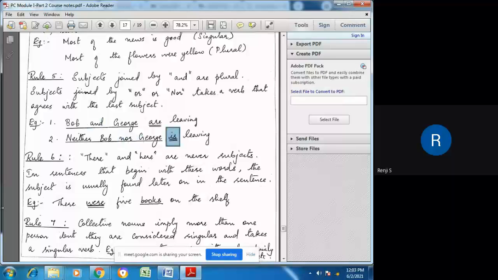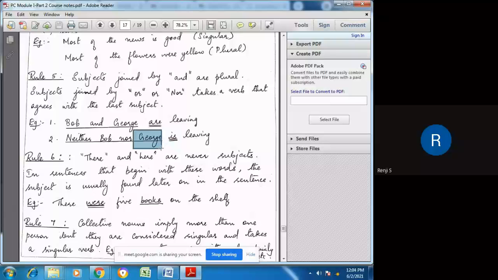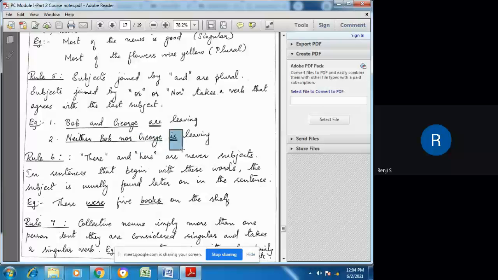Okay. Is it clear? It is singular. Why? Because you have to look at the second subject, and if that subject is singular, then the verb is singular. And if here we had used the word women, women is plural, then you have to make this verb plural.